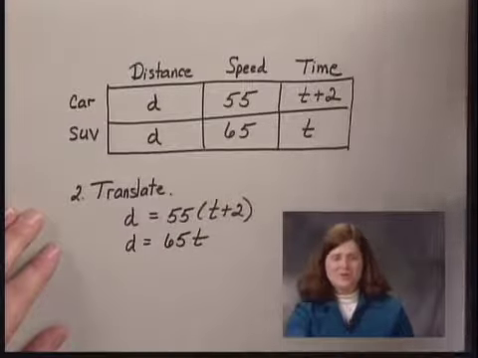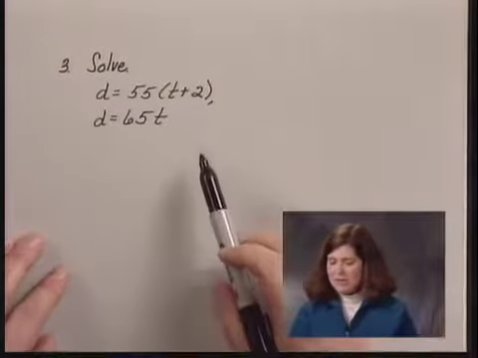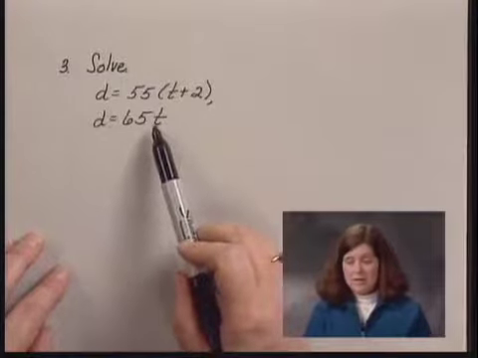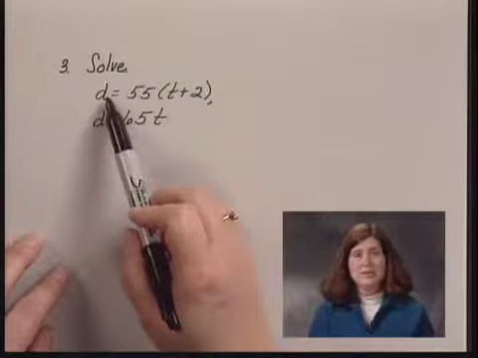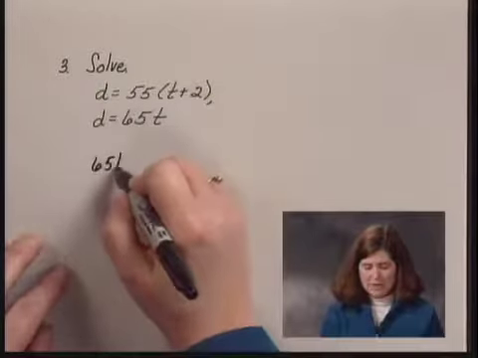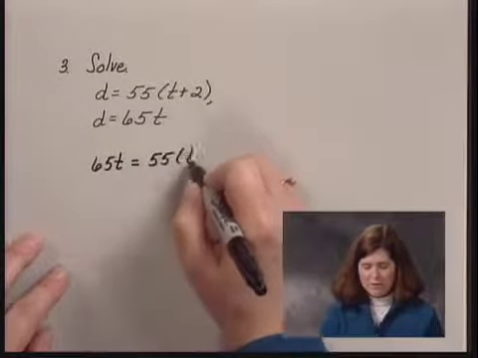Now I'm ready to solve. To solve this system of equations, I can use substitution. Since d equals 65t, I will substitute 65t for d in the first equation. That gives me 65t equals 55 times t plus 2.